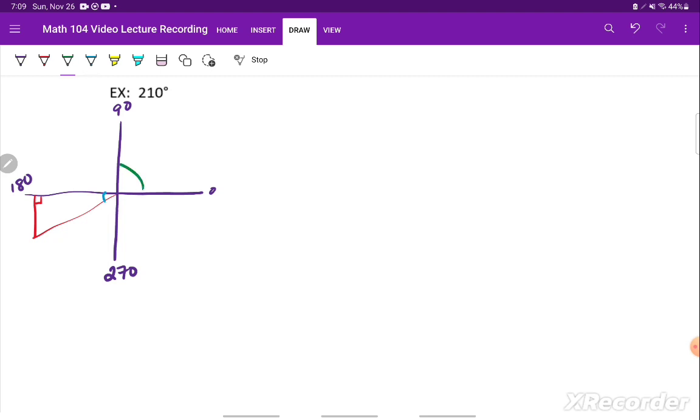Now, all the way to here is 210 degrees. We know that this much of it is 180 degrees. So to find that reference angle, we just need to do 210 minus 180, and that's going to give us a reference angle of 30 degrees.